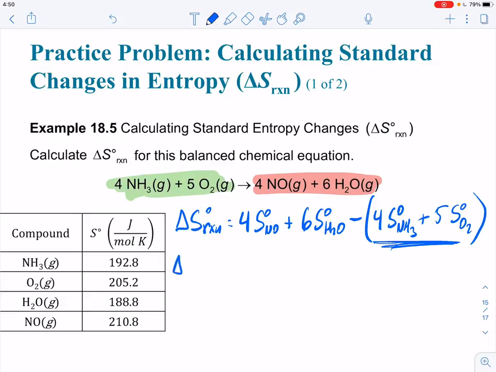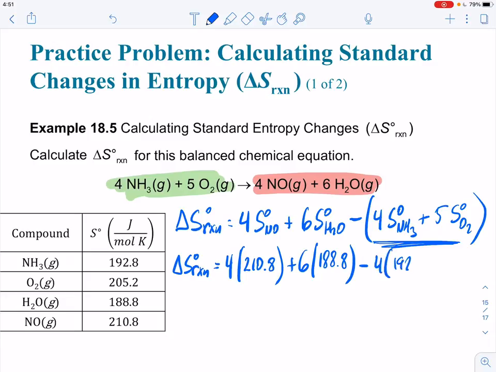So that means that your entropy of reaction is going to be 4 times, and in this case it's not so critical because they are always positive. So 4 times 210.8 plus 6 times 188.8 minus 4 times 192.8 minus 5 times 205.8.